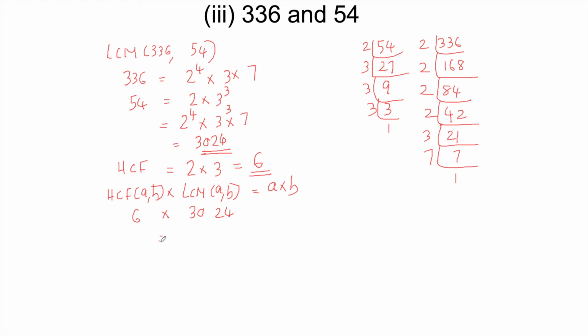This is equal to 18,144. And A into B, that means 336 into 54, this also we get as 18,144. So this is verified.